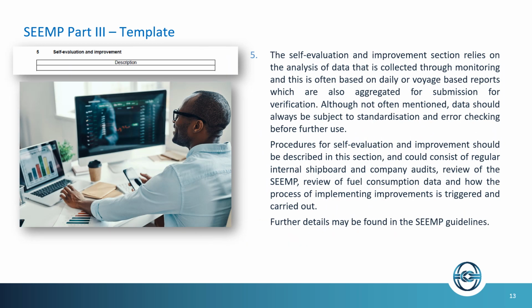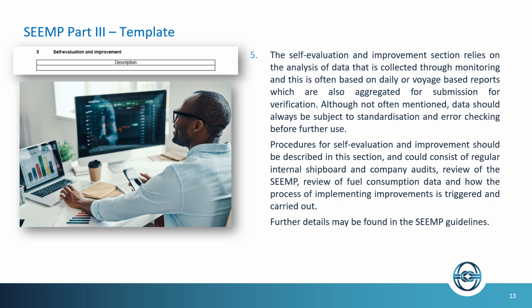Section 5 is the self-evaluation and improvement section, which relies on the analysis of data that is collected through monitoring, and this is often based on daily or voyage-based reports, which are also aggregated for submission for verification. Although not often mentioned, data should always be subject to standardization and error checking before further use.